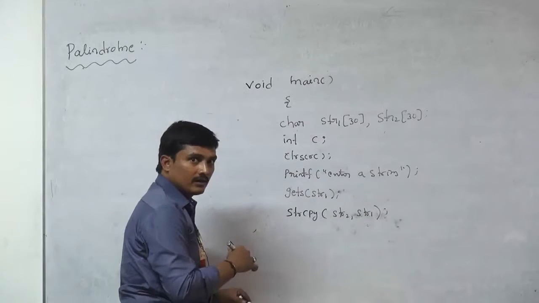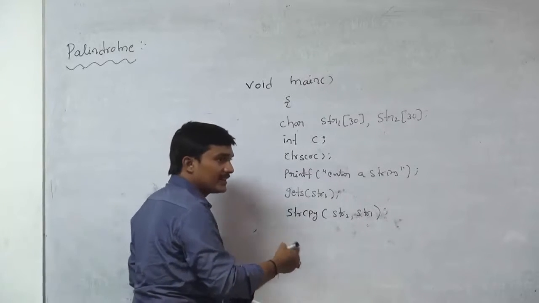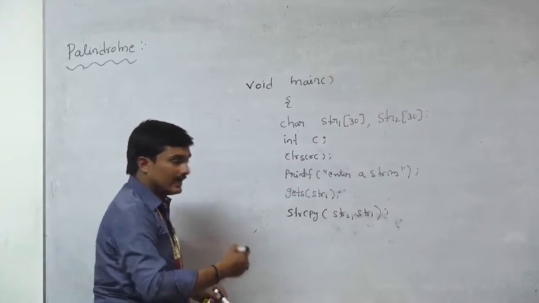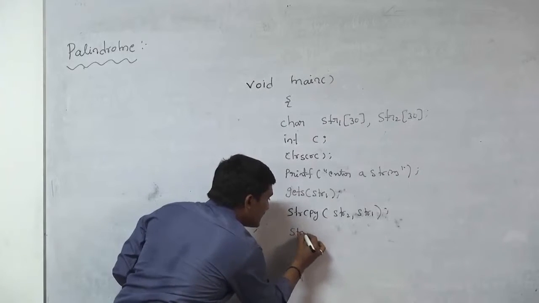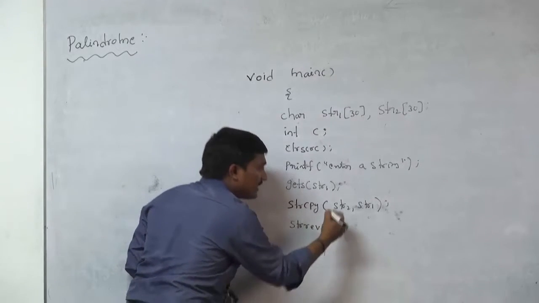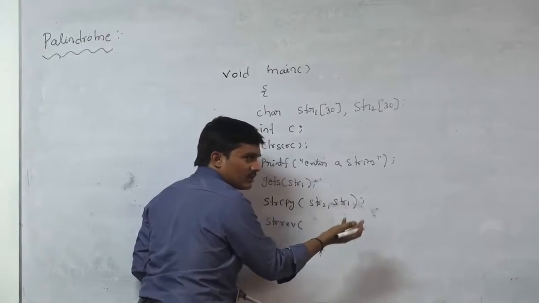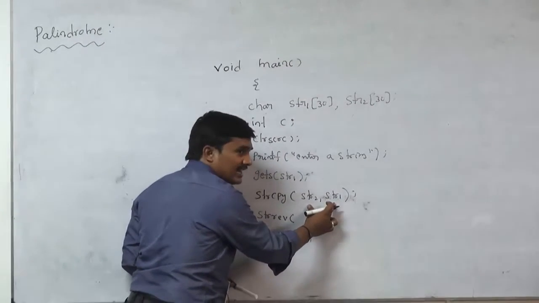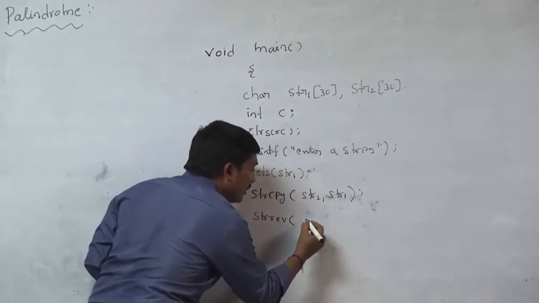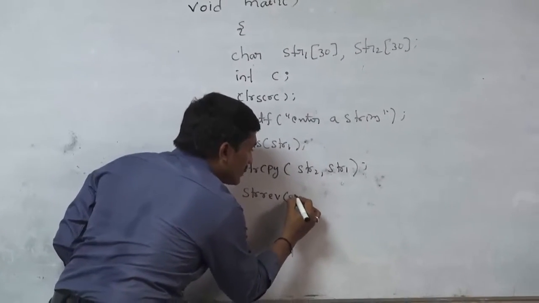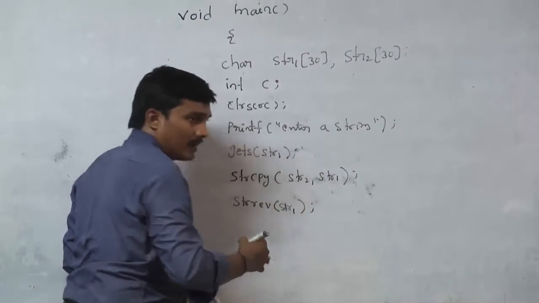So copying is over. After copying, what is the next step? Reverse. So strrev of str1 or str2, anything is okay. Why? Because both strings are equal here. So let's take str1.